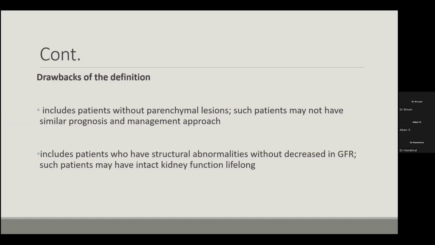So we have to be careful in defining patients without any GFR abnormalities. And structural abnormalities without decreasing GFR. For example, some urogenital abnormalities, but there is no decline in GFR. Such patients may have intact kidney function lifelong, and they may not have any abnormalities at all throughout their life. So it's difficult to classify such patients as having CKD.